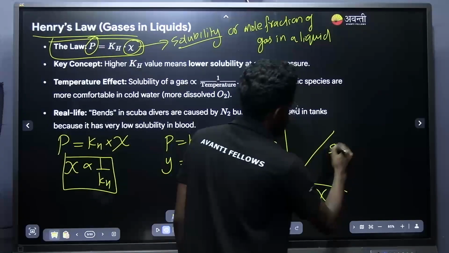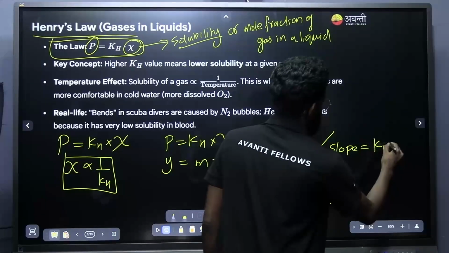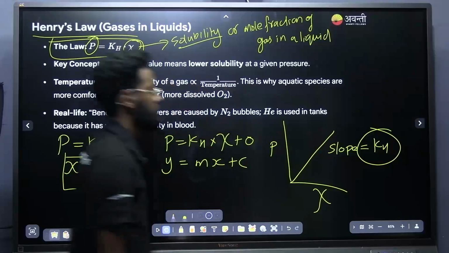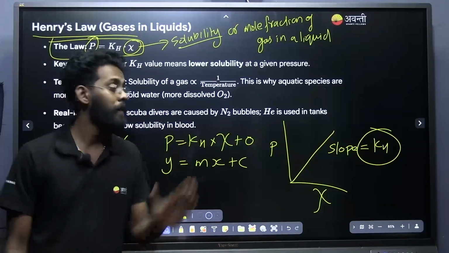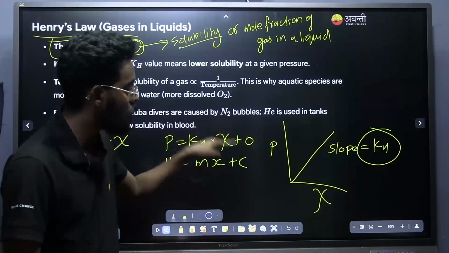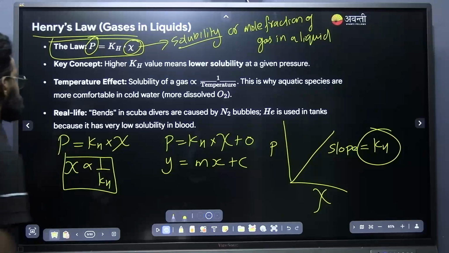And what is the slope here? Slope is nothing but our Kh value. Got it? From this we understand that the higher the slope, the higher the Kh value, and the lower the solubility. That is the point I want everyone to take note of in this particular section.